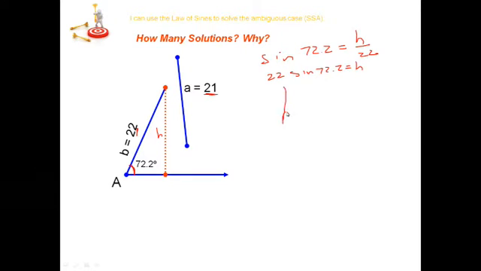So that means my h value is going to equal 20.9. Now look, 20.9 is less than this side, so that means it's going to fit in there. So let's put it in. Okay, so this is one way I could put my second side into the triangle, but think about it, it's not the only way, is it?